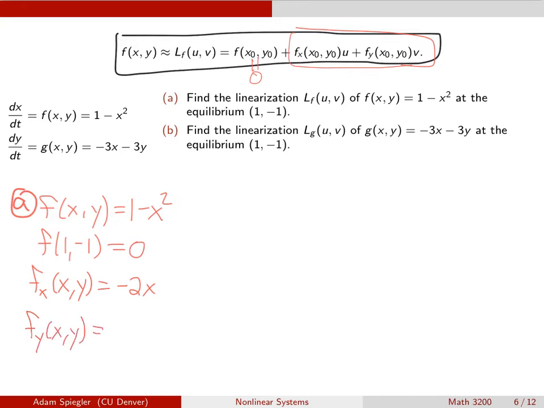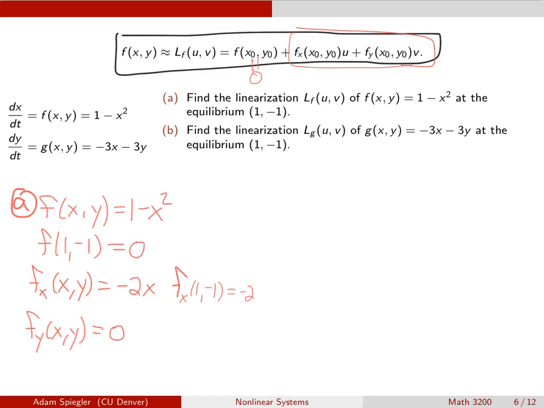And since f doesn't have any y's in its formula, that derivative would be 0. And now to find the linearization, we would want to evaluate f_x at the equilibrium point (1, -1). So I'm going to take this and evaluate it at (1, -1). And that's going to give me -2.